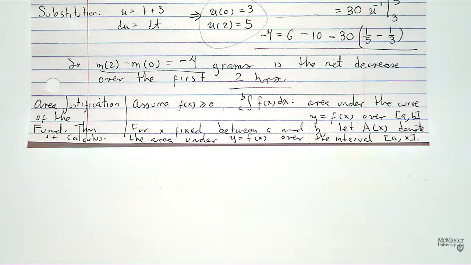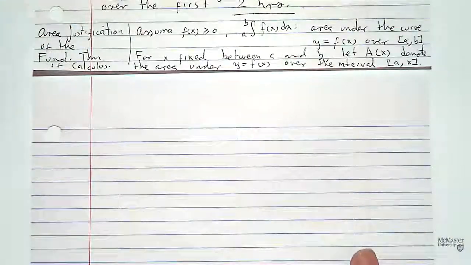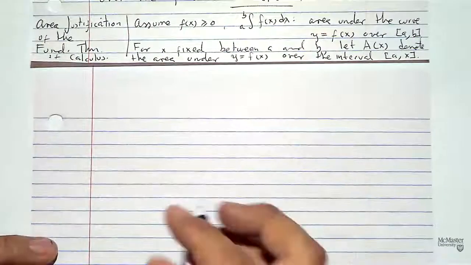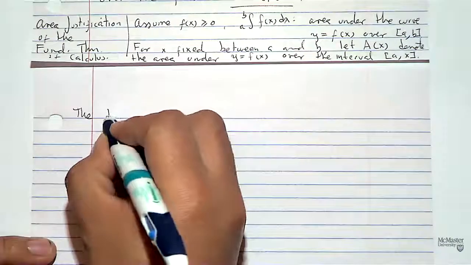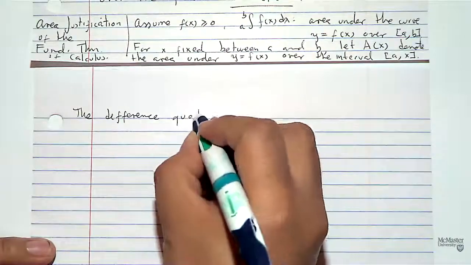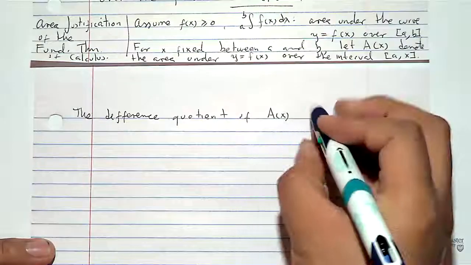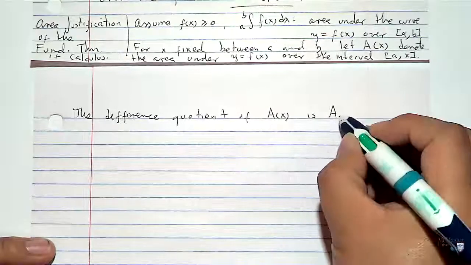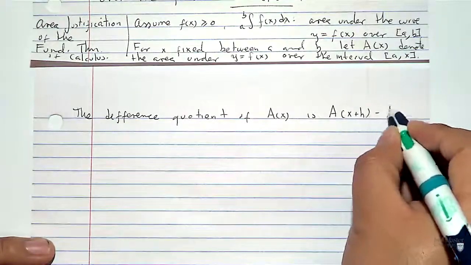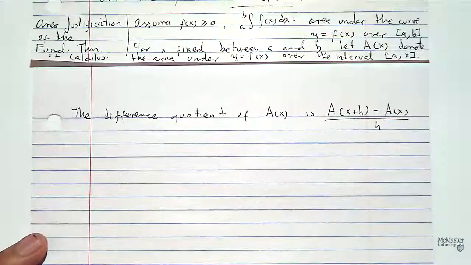In this case, you have the difference quotient of this function A of x, which is A of x plus h minus A of x divided by h. So this is related to the derivative, right?